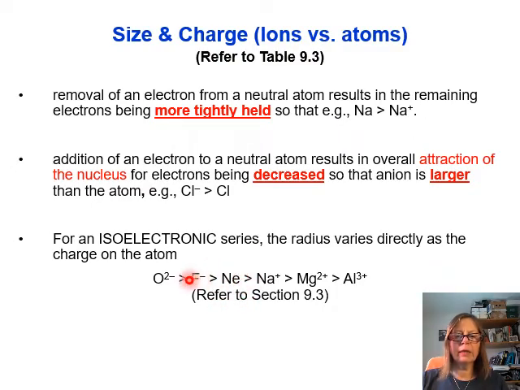In this series, the radius varies directly with the charge of the atom. So the largest negative charge will be the larger ion, then will come the fluoride, -1, then the neutral element, then Na+, only one positive charge, then Mg2+, then Al3+.